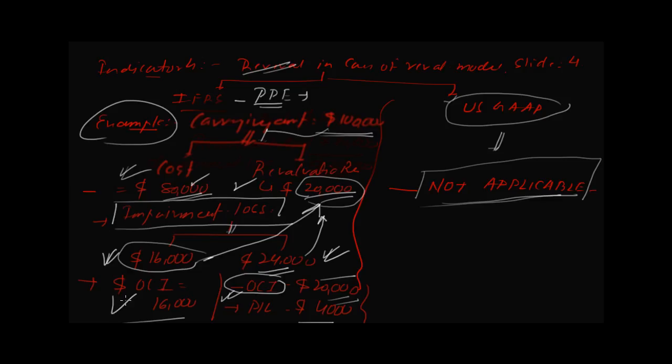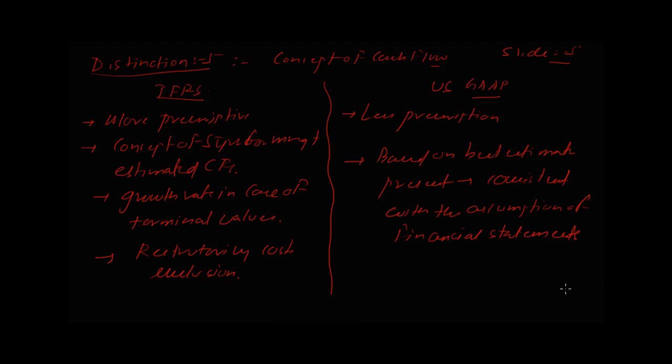If there is still impairment loss to be recognized, the balance will go to the profit and loss account. As in this case 4,000, as 20,000 is already adjusted through the revaluation reserve, and 4,000 will go to the profit and loss account. The same thing is not applicable in case of US GAAP because there is no concept of revaluation. That's it.